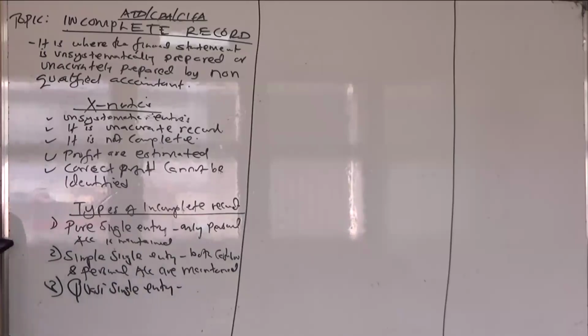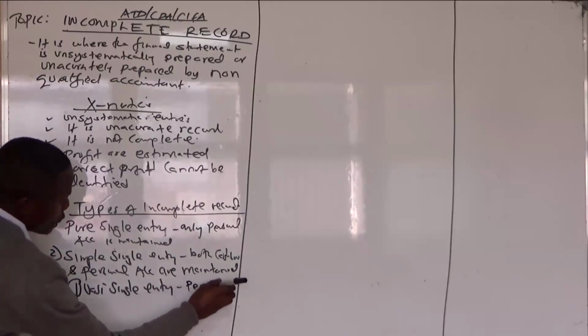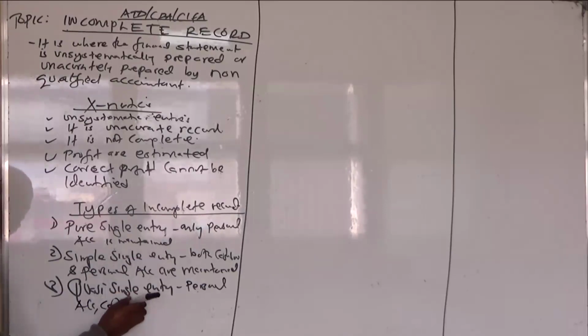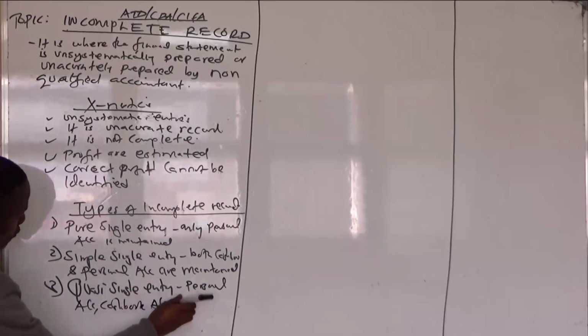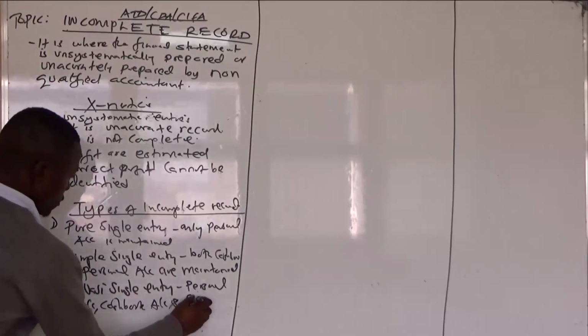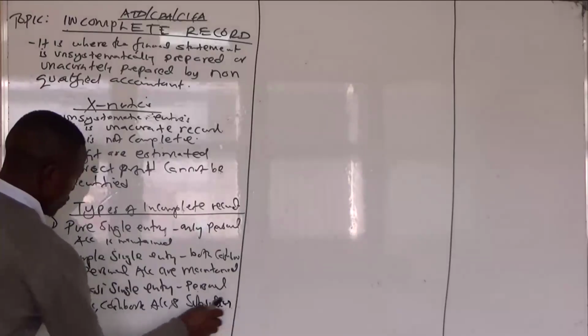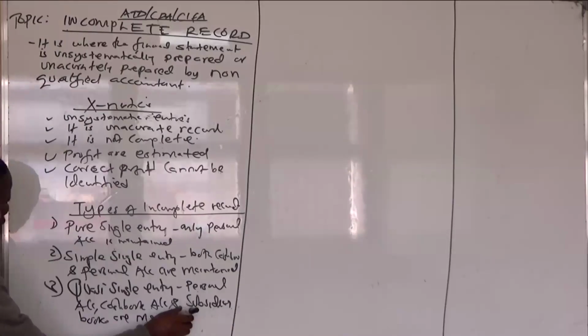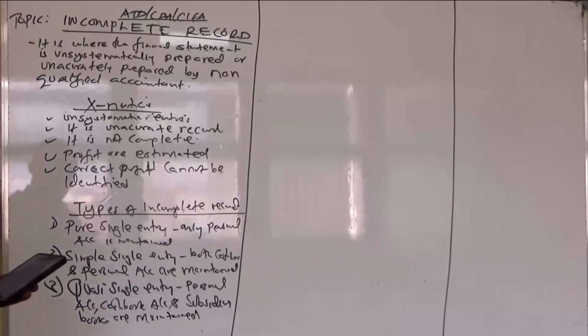In this case, personal account and also cash book account, and subsidiary books are maintained.